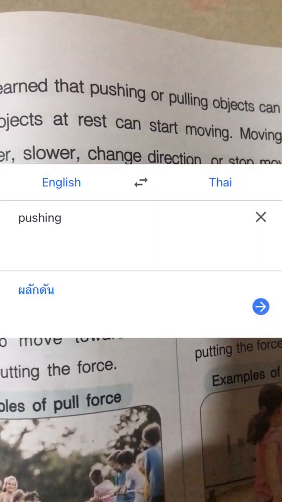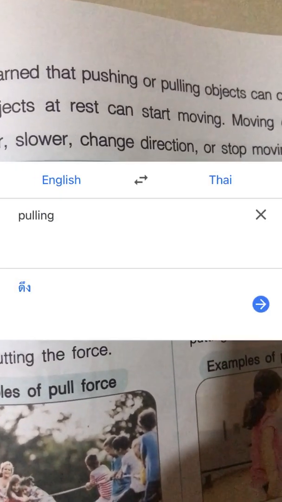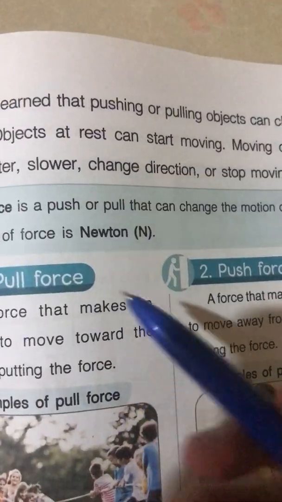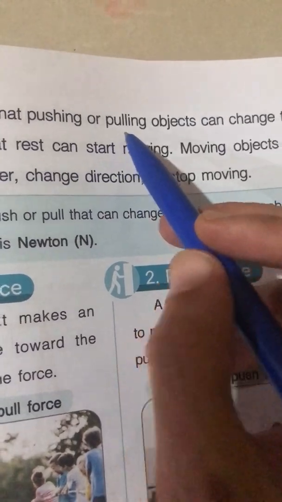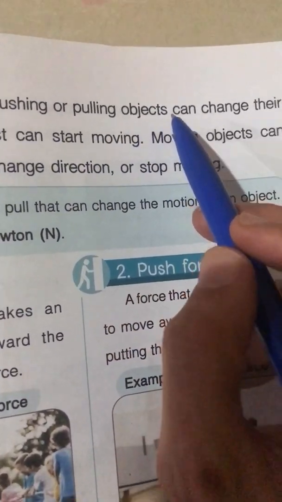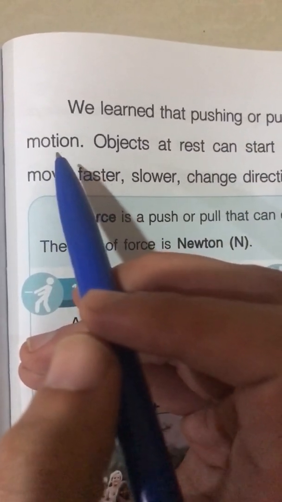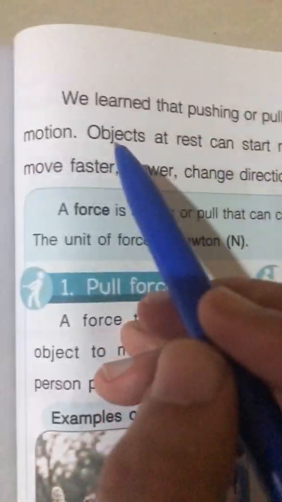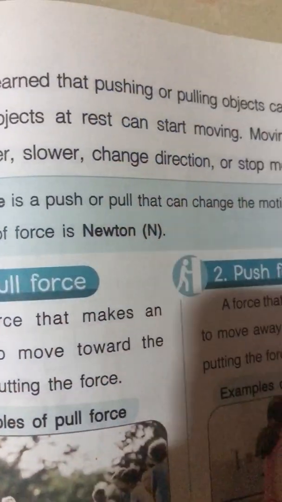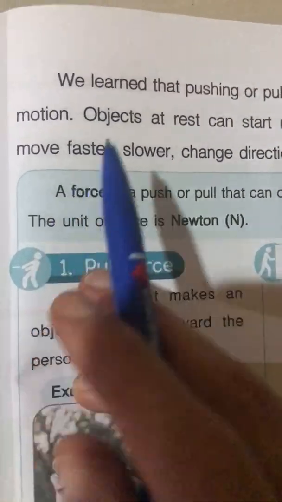Pushing or pulling. Very good. So let's read again. Pushing or pulling objects can change their motion. Can you understand? We learned all the words pushing, pulling and motion, so we can understand the meaning of this sentence. Very good.